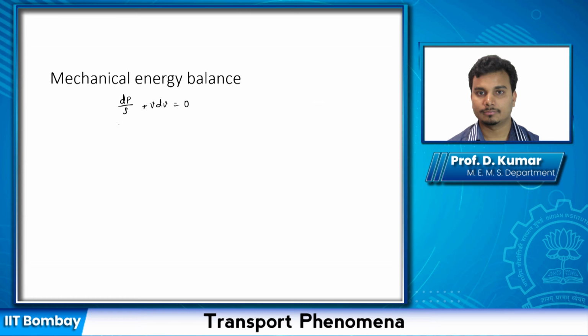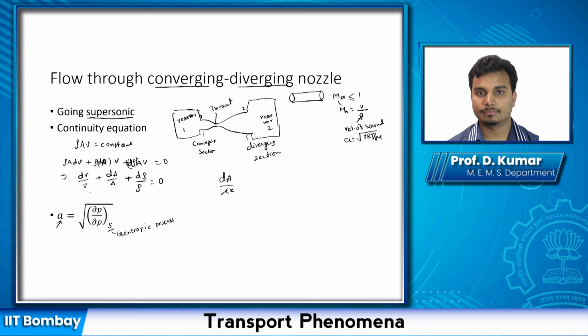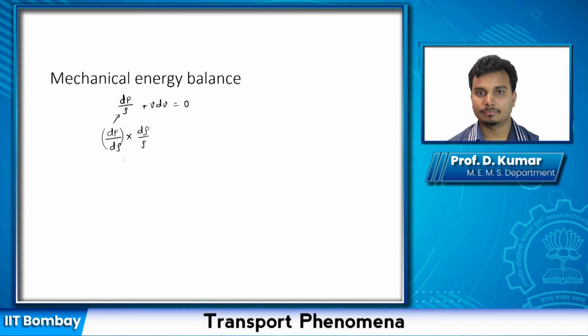So, dP by rho. Let us start with this term. We write dP as dP by d rho times d rho. I said that we'll use this equation, so dP by d rho is a squared. So you can write this as a squared d rho. From this analysis, we can write a squared d rho by rho equals minus V dV.